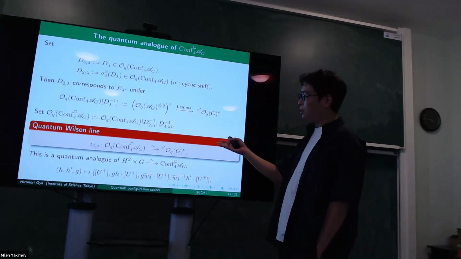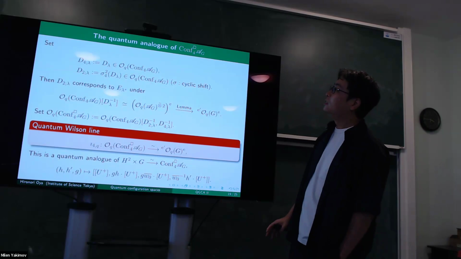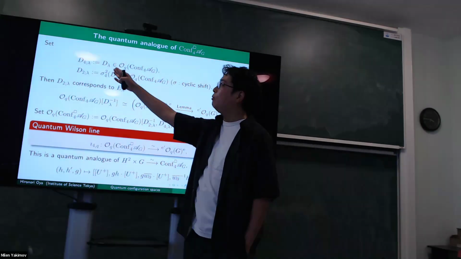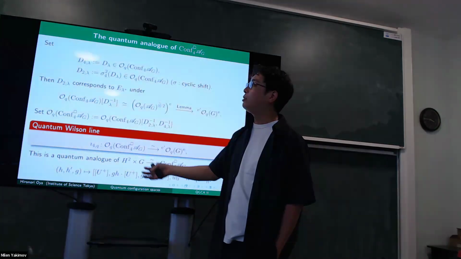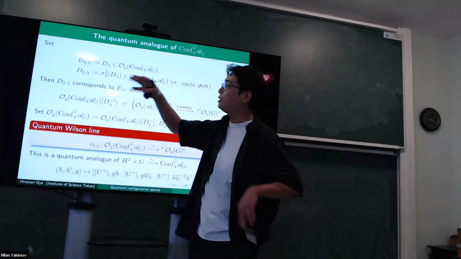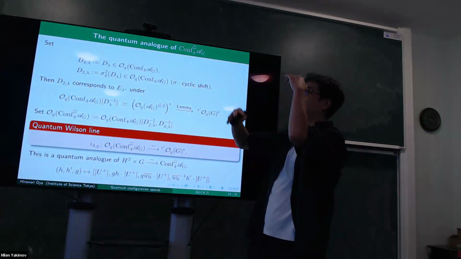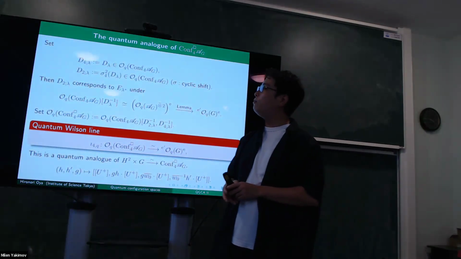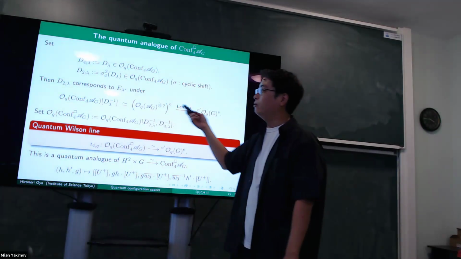By using this lemma, we construct the quantum grid. We set D lambda as the D lambda, and we consider the two times cyclic shift of this element, which is written as D2. And if we localize, we have a morphism of this form.